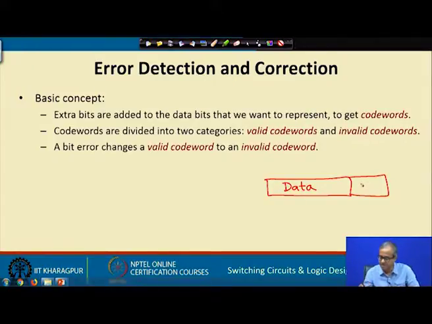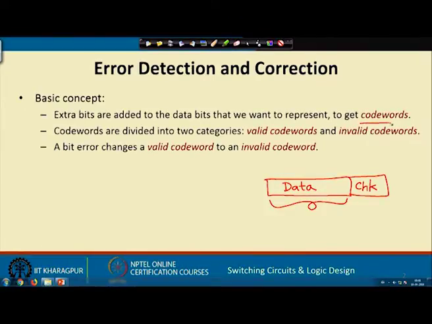These are sometimes called check bits, let us call it CHK. If I do not add some additional bits, it will not be possible for me to tell just by looking at my data whether the data is correct or some error has taken place.